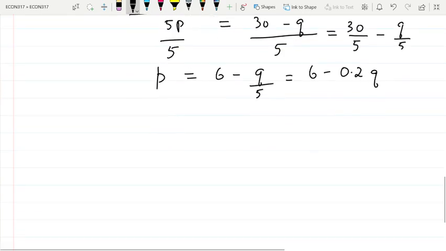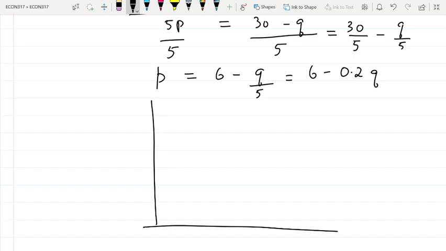So let's draw it. First I have to have Q on the horizontal, P on the vertical. P is in dollars per unit, Q is in units. We can specify any unit which is applicable in this case.